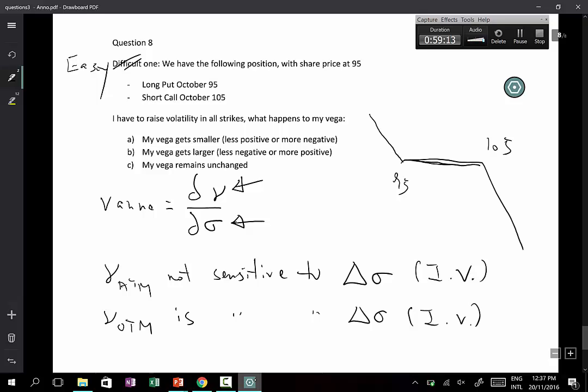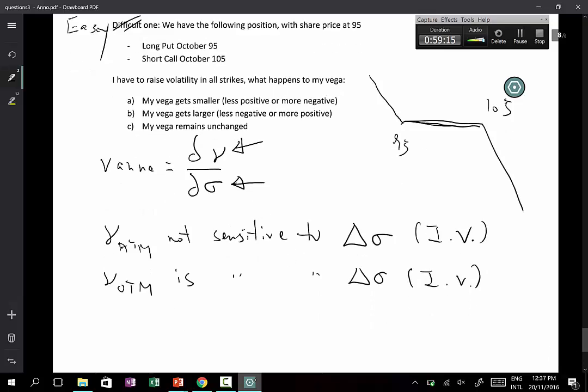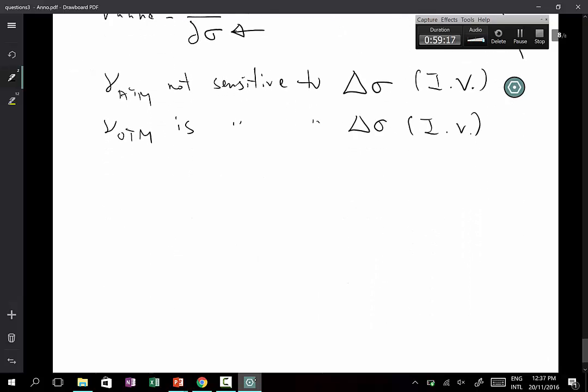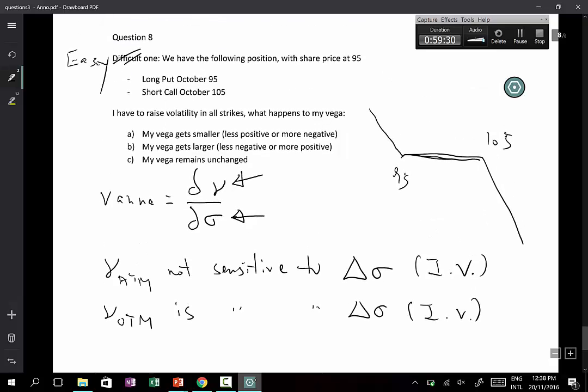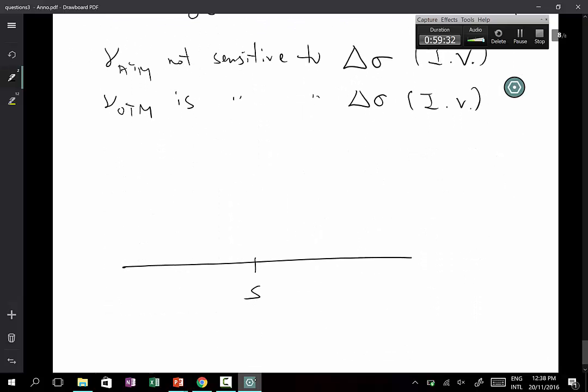Yeah? Now, I'll tell you what this means, okay? First of all, if this is the spot price, let's just use 100, and I'm going to plot vega on the y-axis.